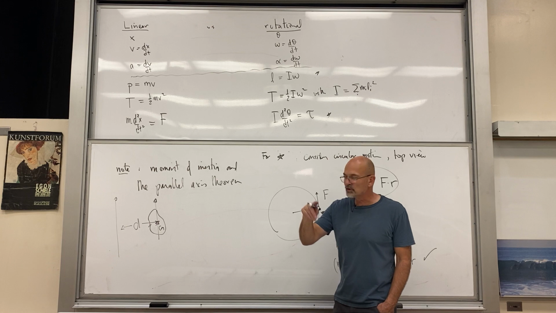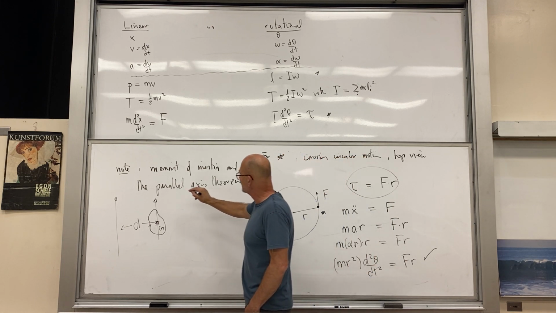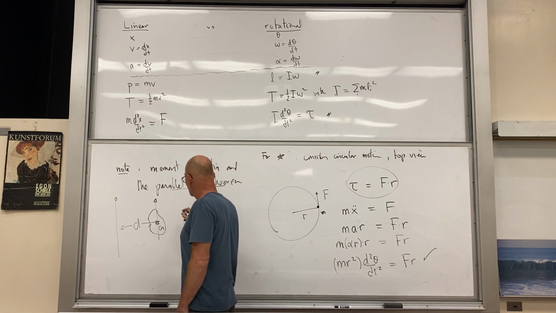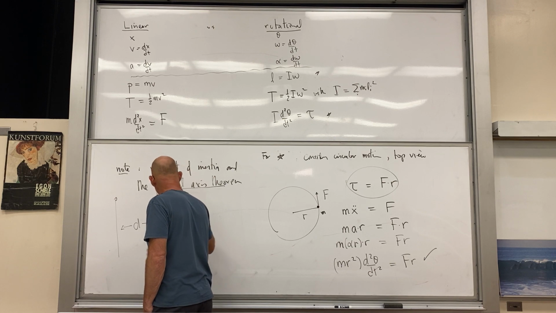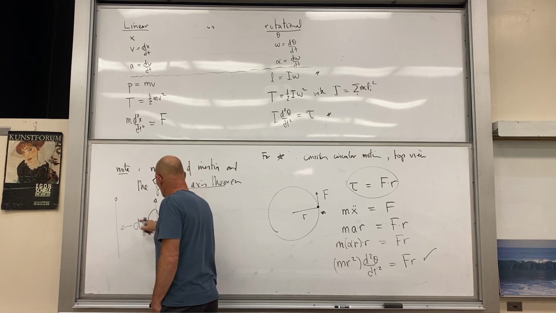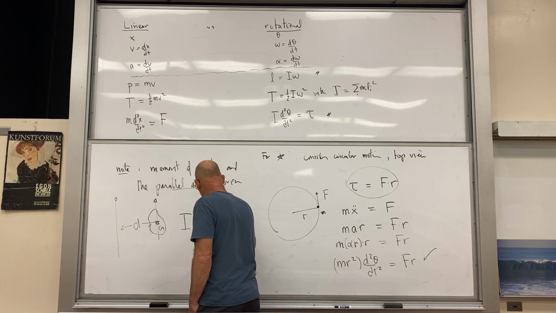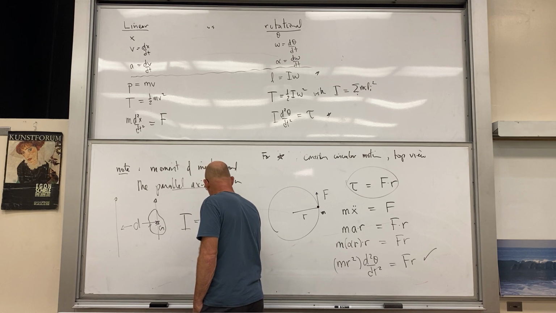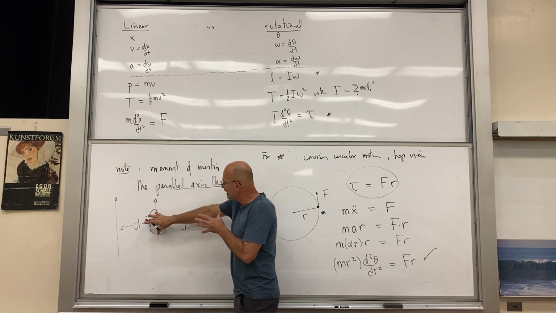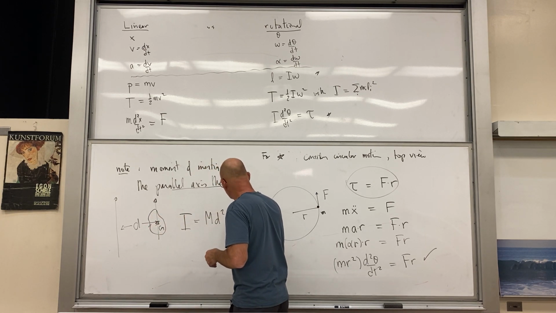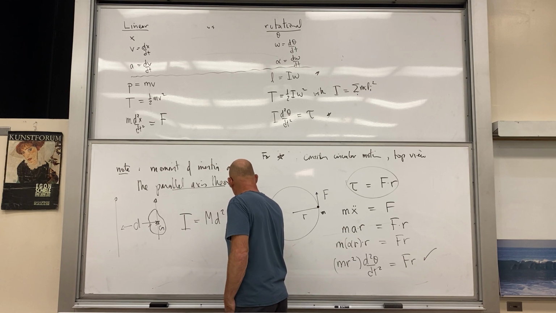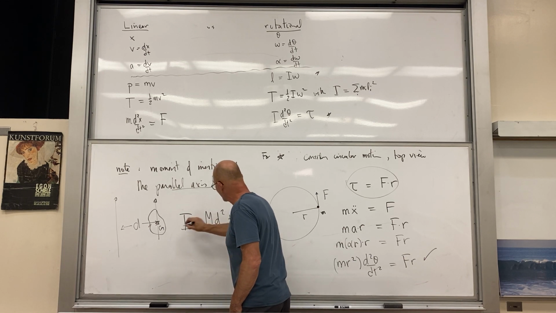And this is a really useful theorem, by the way. The parallel axis theorem says that the moment of inertia I around this axis here is the total mass times d squared. So it's like its point mass moment of inertia plus the moment of inertia around the center of mass.